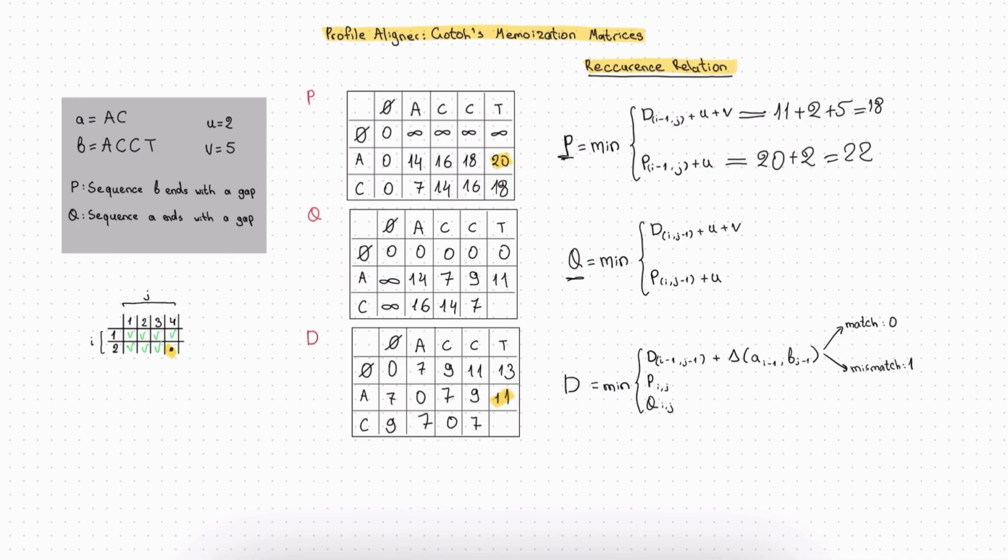Let's move to the matrix Q. Here we are looking at the cell that is one column to the left. So the position of I and j minus 1, which here is equal to 7. So we'll have 7 plus 2 plus 5, and this is equal to 14. And again, this should be Q.